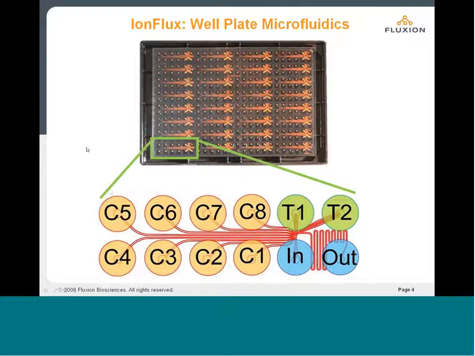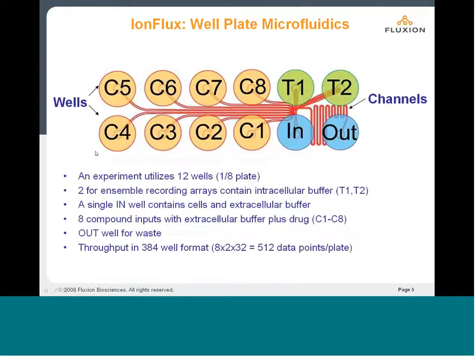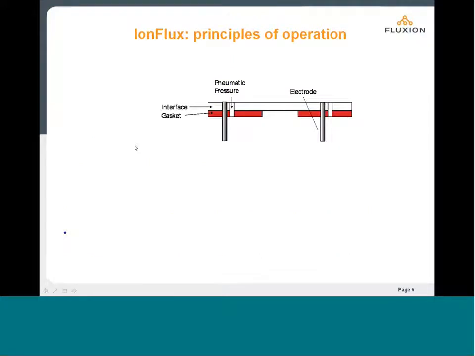So this then is an experimental pattern, which again consists of 12 wells, the inlet and the outlet, the 2 traps, and then the compound wells. So the solutions for the experiment are first loaded into the plate.